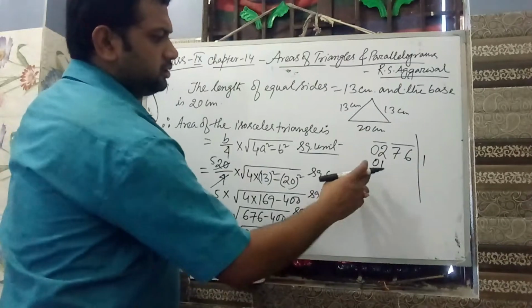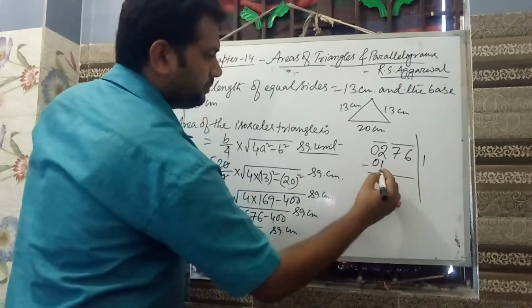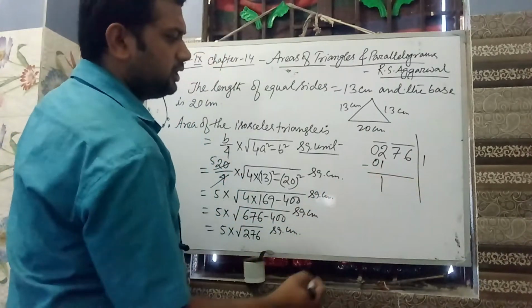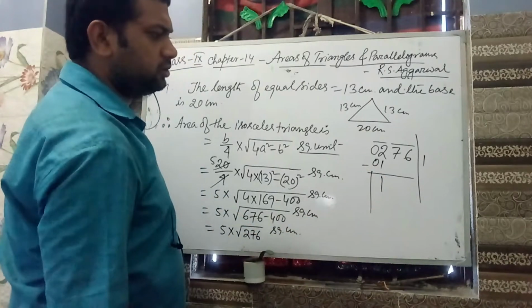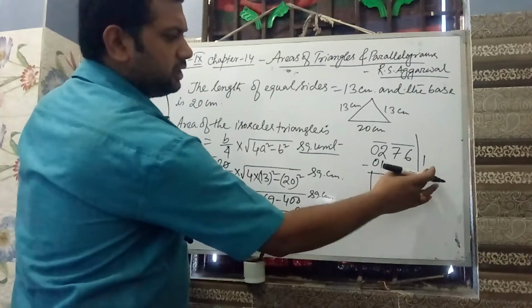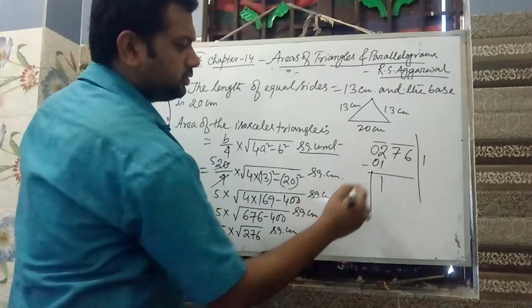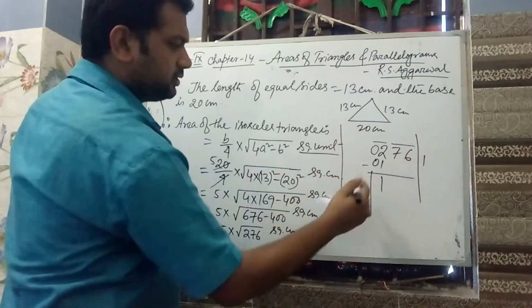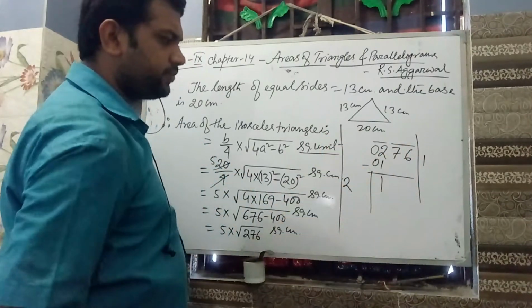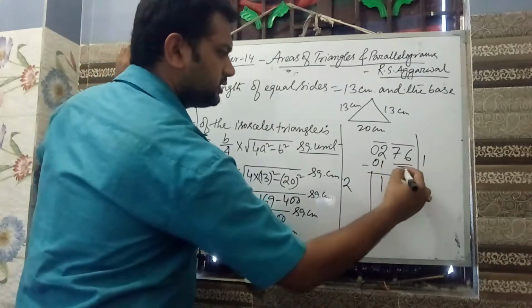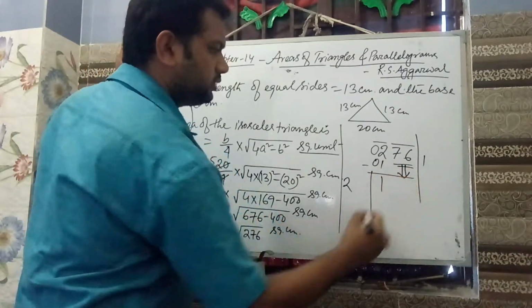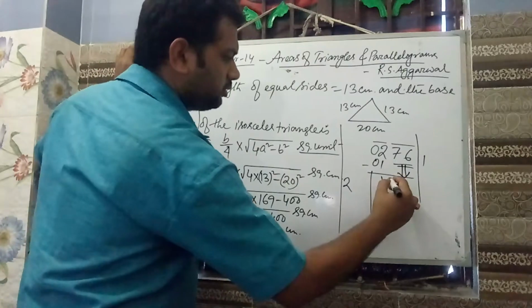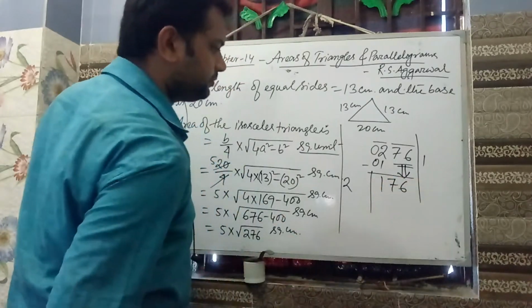Clear? So if we subtract 1, in the next step what we have to do? We have to take twice of this number, twice of 1, that is 2, and this 7, 6 will come down together. So it will become 176.